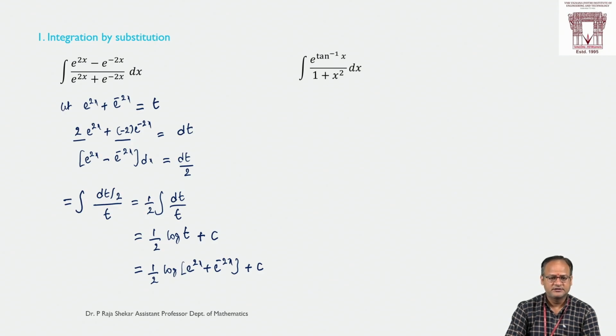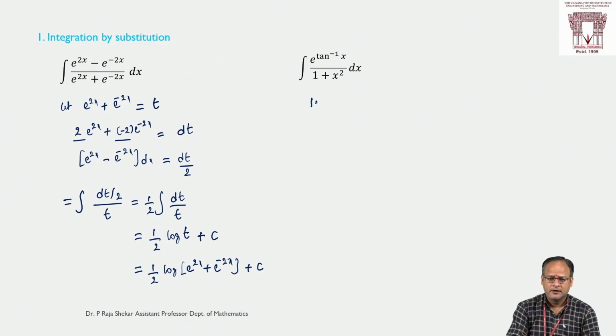Let us illustrate the same with another example. Let me have the integral of e^(tan inverse x) divided by 1 plus x square, dx. So once again, what do we find? We find tan inverse x and 1 by 1 plus x square.